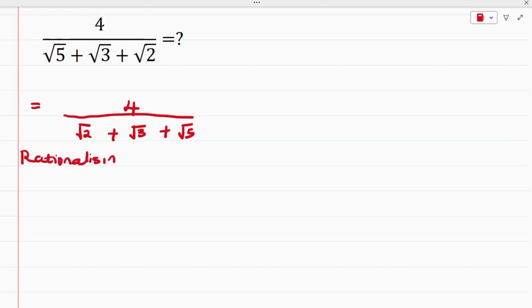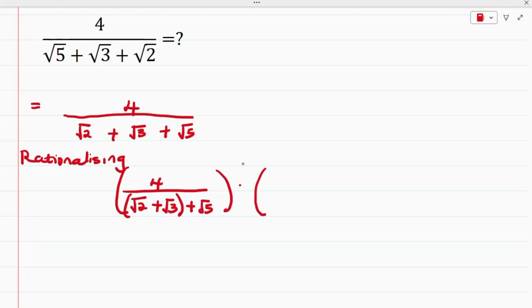So rationalizing right here, we have this to be 4 divided by the square root of 2 plus the square root of 3, I'm going to put this in a bracket, plus the root of 5, multiplied by the square root of 2 plus the square root of 3 minus the square root of 5 divided by the square root of 2 plus the square root of 3 minus the square root of 5.